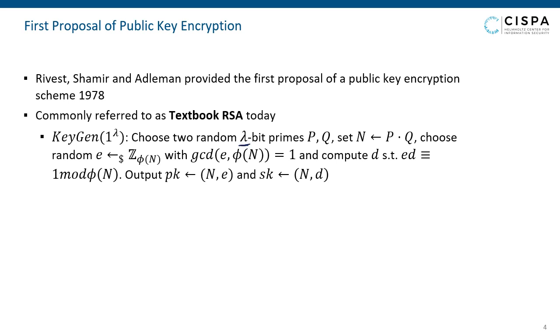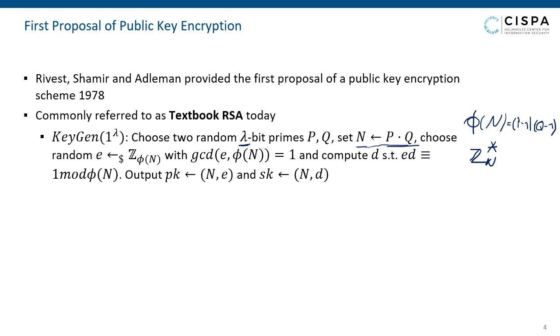So we choose two primes P and Q, and we set N to be the product of P and Q. Now we choose a random E modulo phi of N, and recall that Euler's phi function, phi of N, for an N of this form is just P minus 1 times Q minus 1. Also recall that phi of N is just the order of the multiplicative group Z_N star.